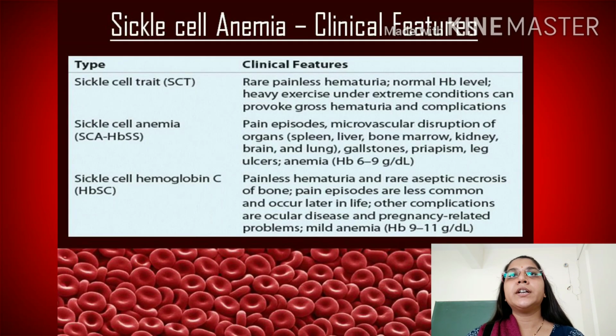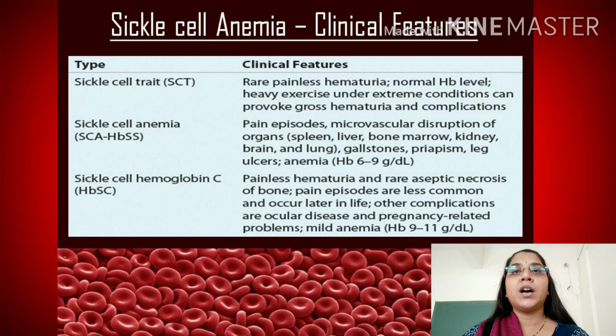Now, next are the clinical features of sickle cell anemia. In sickle cell trait, some painless hematuria is seen. Hematuria means blood in urine. The Hb level is normal, but heavy exercise under extreme conditions can provoke gross hematuria and get complicated. In sickle cell anemia, pain episodes are also seen, and microvasculature disruptions of organs like spleen, liver, bone marrow, kidney, brain and lung are seen.